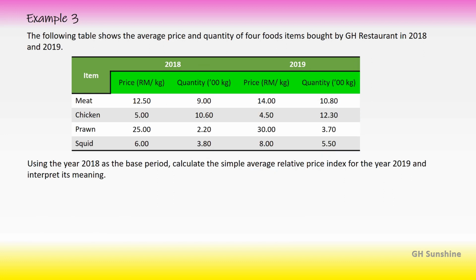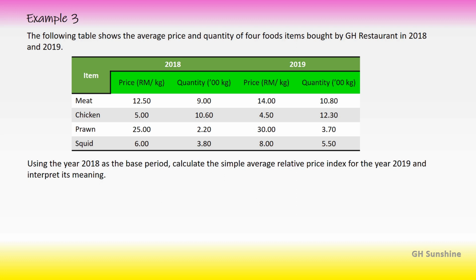Okay, now we proceed to example 3. Same data, which is by GH Restaurant in 2018 and 2019. Okay, so based on 2018 as the base year, calculate the simple average relative price index for the year 2019 and interpret its meaning. Means you need to give your comment or explanation based on the value obtained.